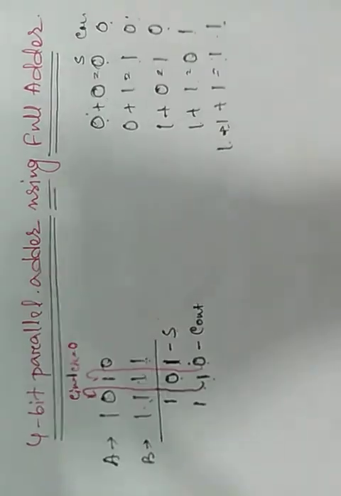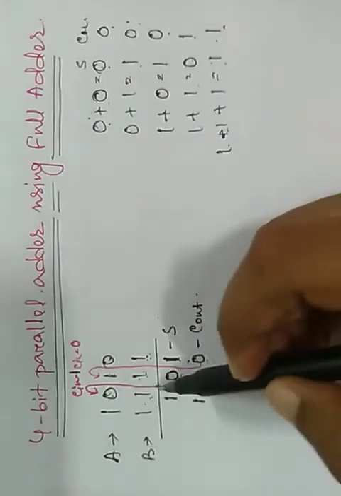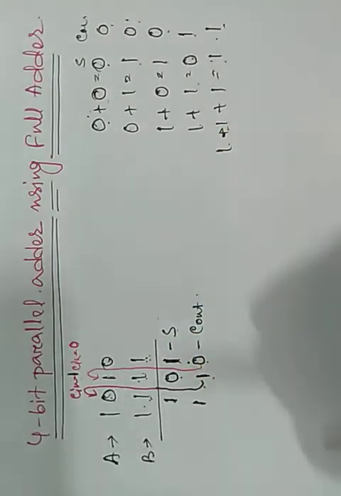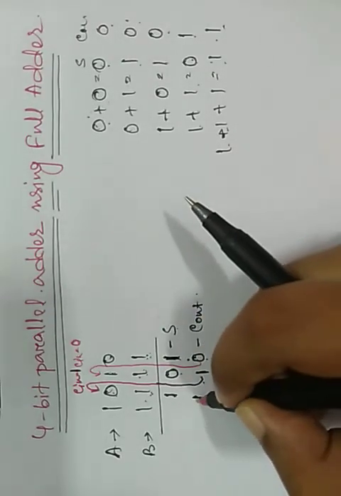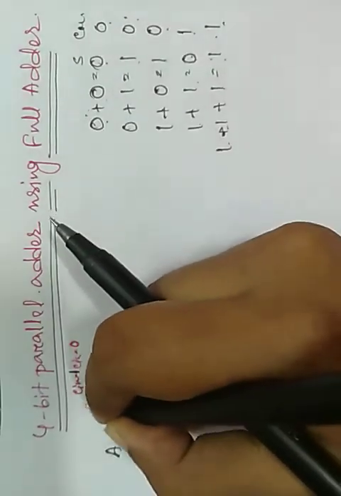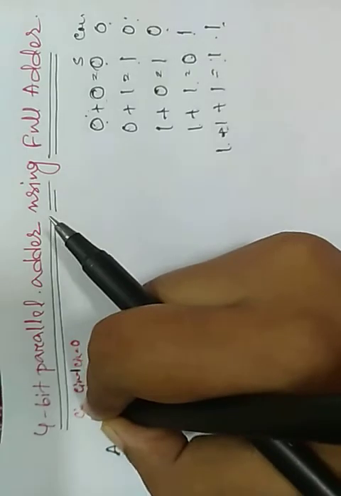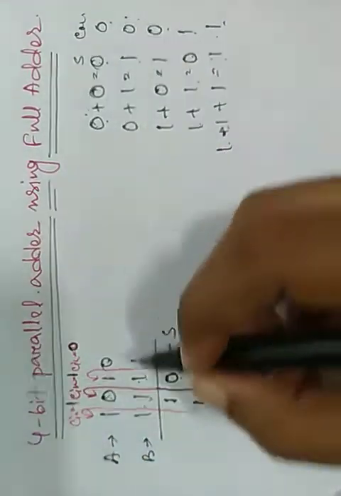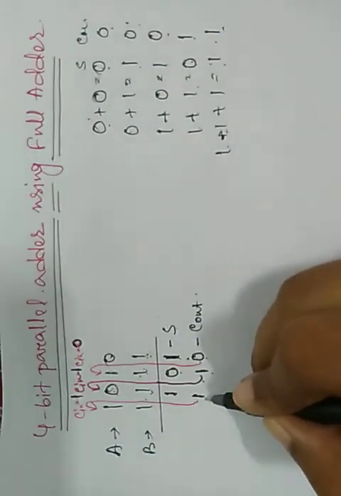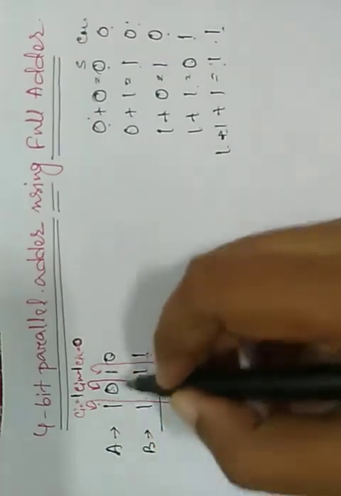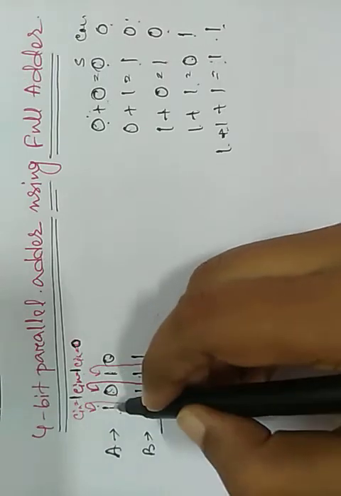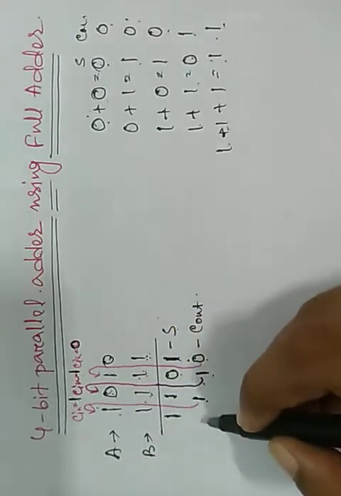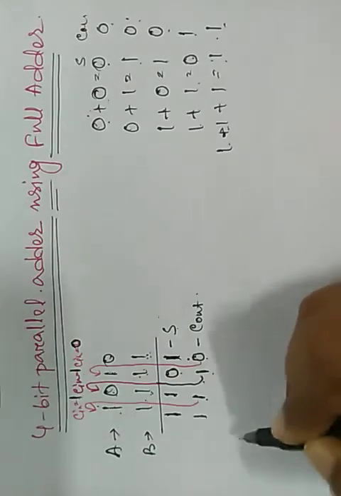1 plus 1, sum is 1, carry is 1. Again this 1 goes as carry in here, carry in 1, and here carry in is 0. This is carry out, and this carry out goes as carry in to the next step. Now here 1 plus 1 plus 1 is 1, and again carry out is 1.